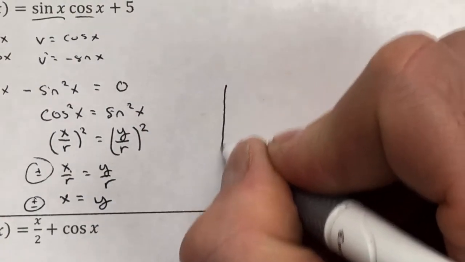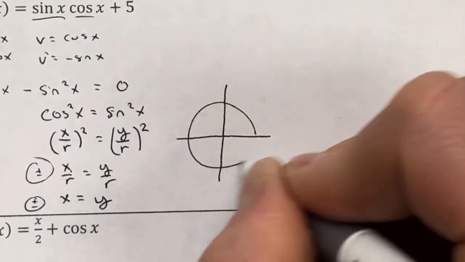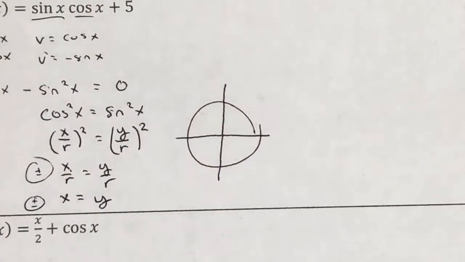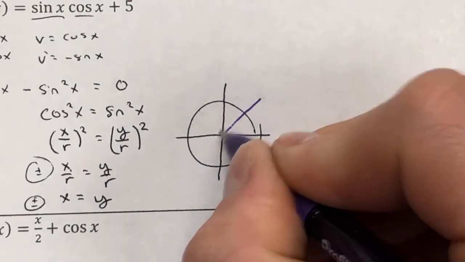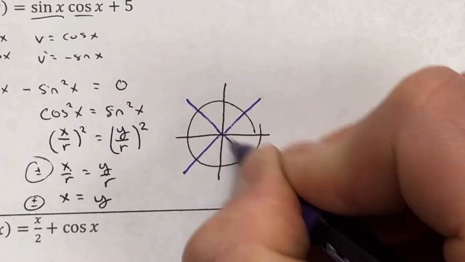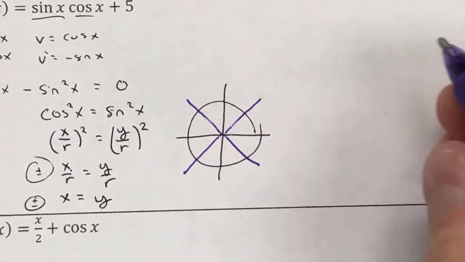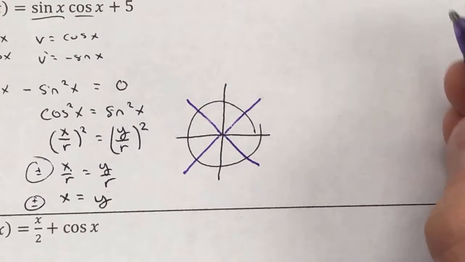So if I take the unit circle and I look at it, when does the x equal the y? Well, let's do this in purple. The x equals the y at every increment of 45 degrees along here.